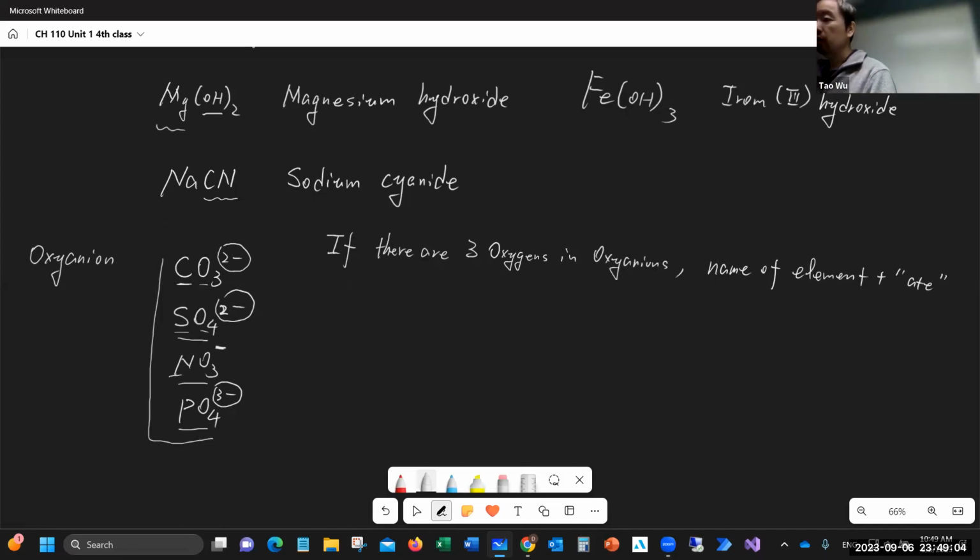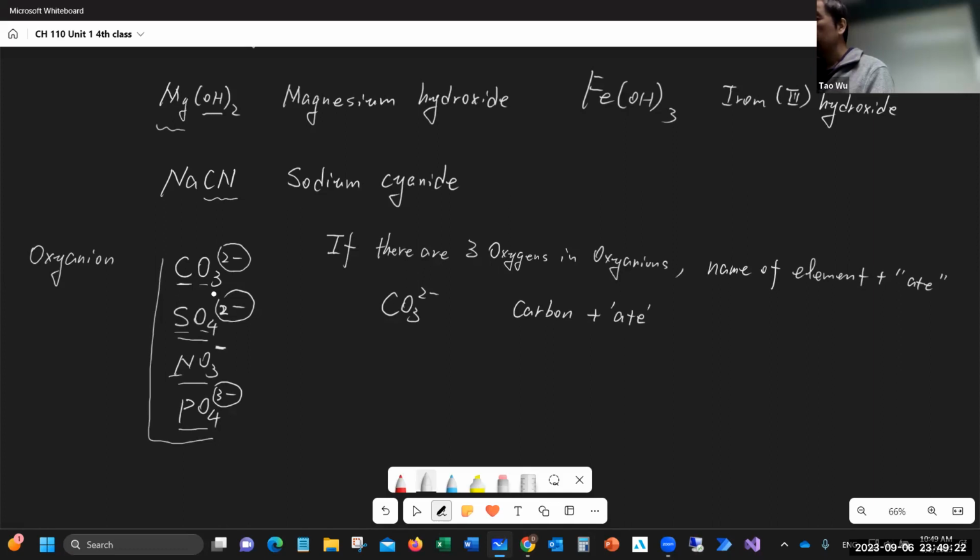For example, CO3 2 minus, we know this is called carbonate. But why is it called carbonate? Because the carbon plus the ATE ending.